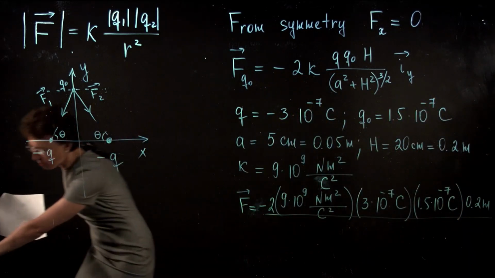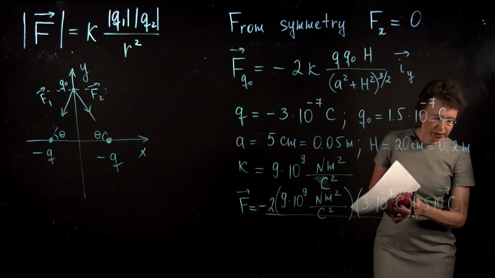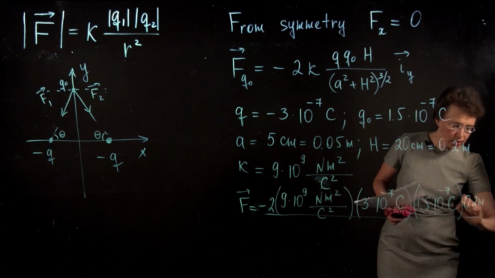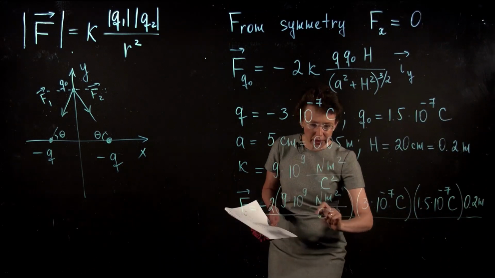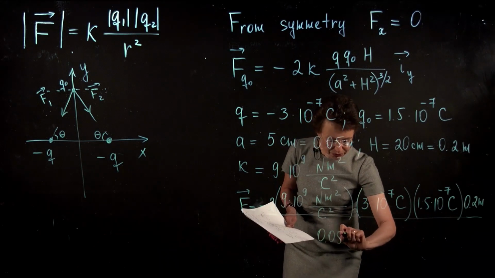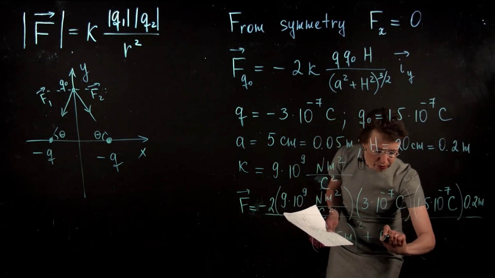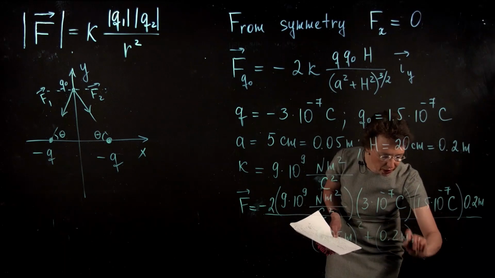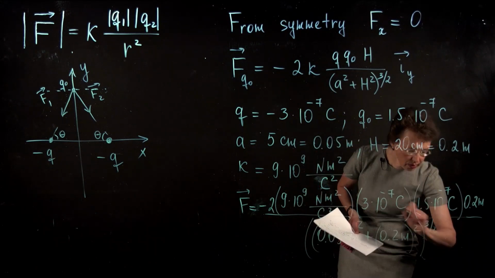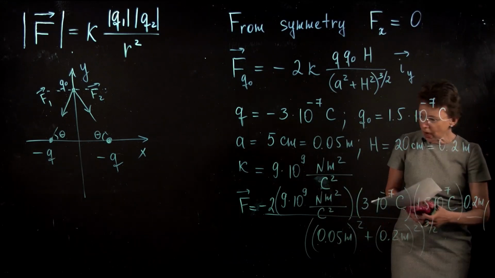0.2 meters, and then the denominator is a squared, 0.05 meters squared, plus 0.2 meters squared, to the 3/2. All this is in the iy direction.